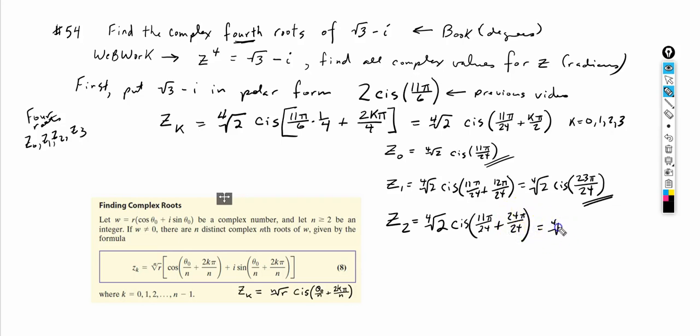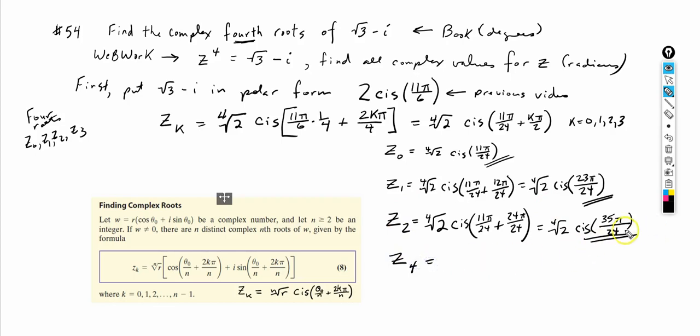So I'm going to have the fourth root of 2 times cis of 11 pi plus 24 pi, which is going to be 35 pi, over 24. And that's my third complex root.